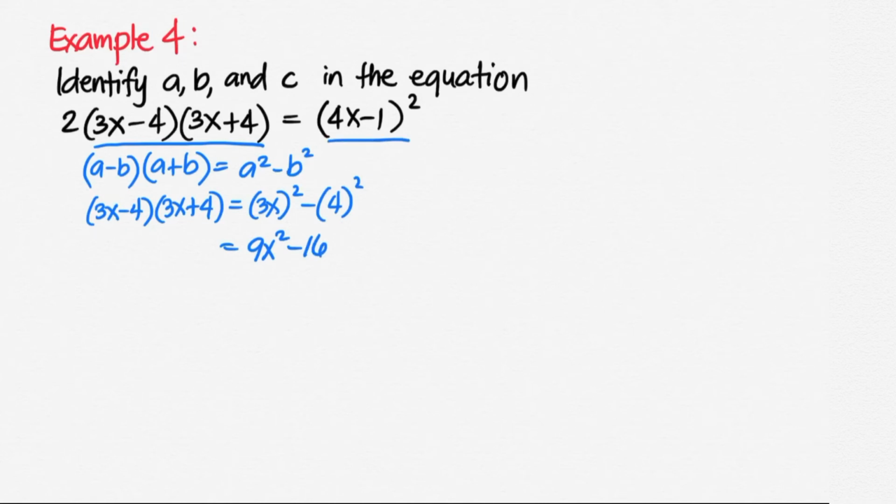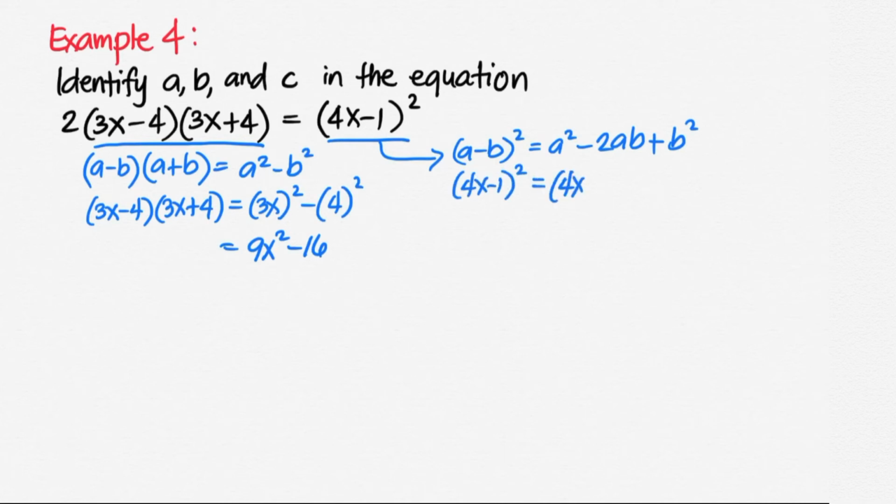So we also solve 4x minus 1 squared using the formula a minus b squared equals a squared minus 2ab plus b squared. So substitute: 4x minus 1 squared equals 4x squared minus 2 times 4x times 1 plus 1 squared.